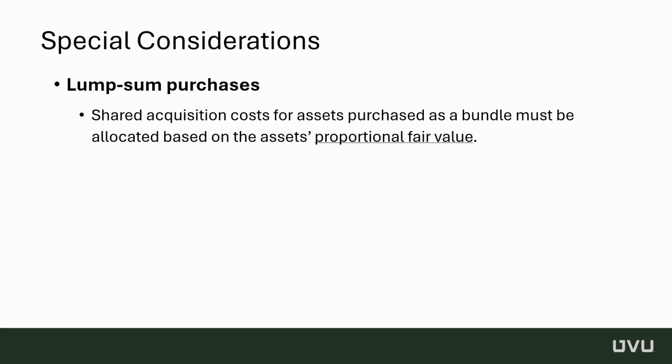For example, if we're buying both a building and the land that it's sitting on, it's pretty important to accurately determine the fair values of each of those and split the transaction price and any other shared costs separately to the land and building based on their fair values.